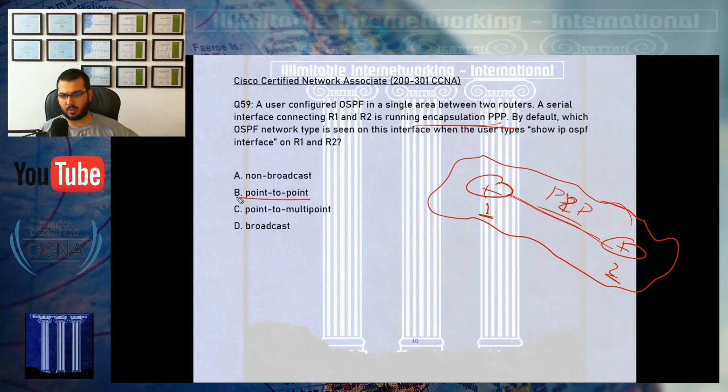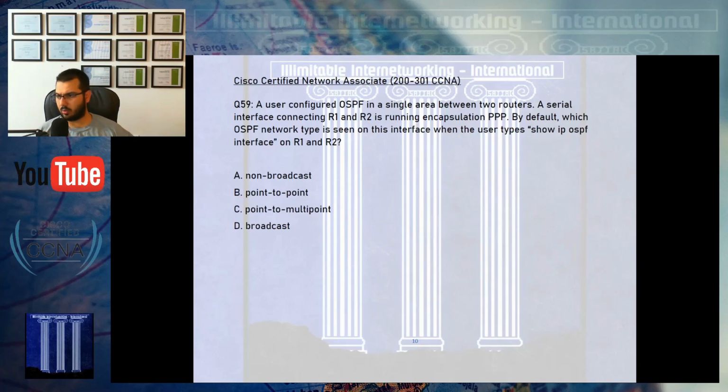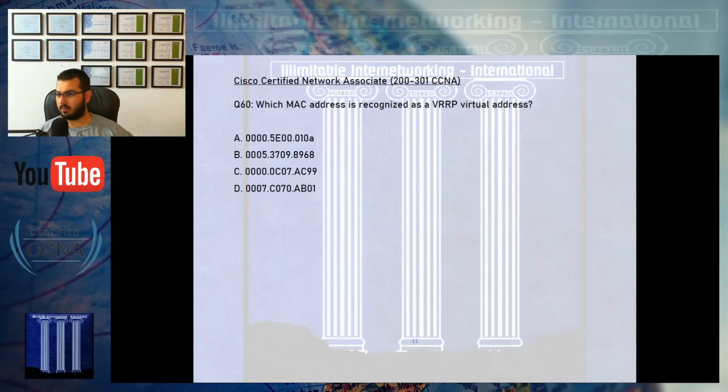So there is a point-to-point here, and that's how you end the question. Also by typing show ip ospf interface, you will find some information in the CLI. In the first line you will see that the connection to OSPF is considered a point-to-point type connection. So that's it. It's a point-to-point connection between two routers using OSPF.